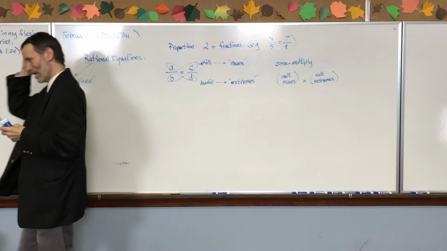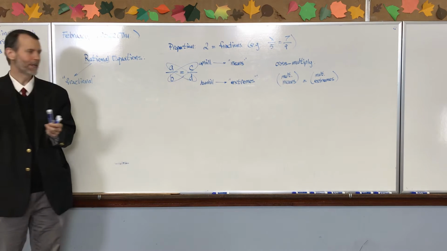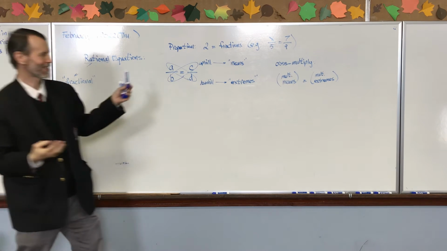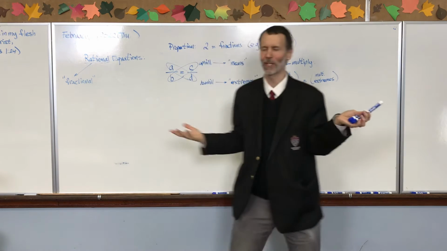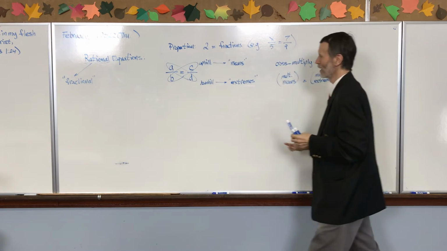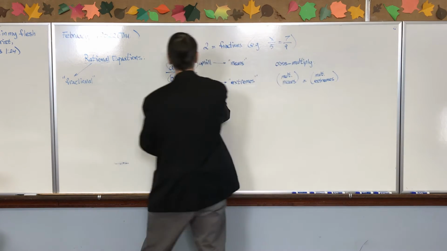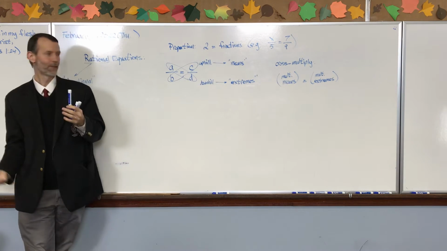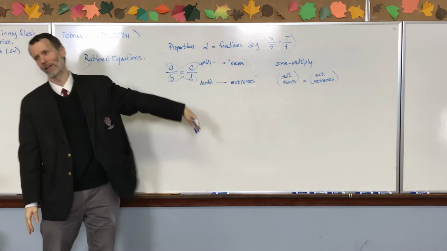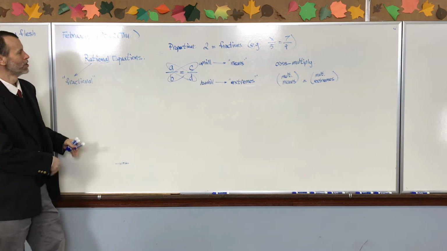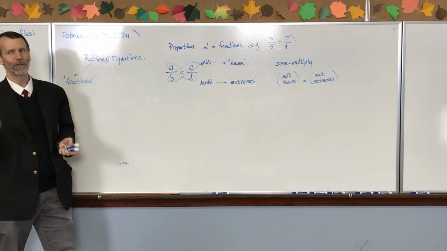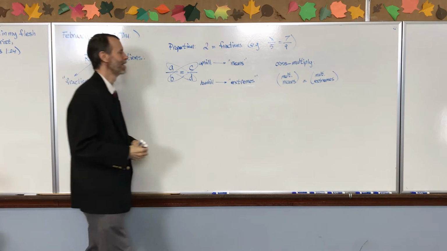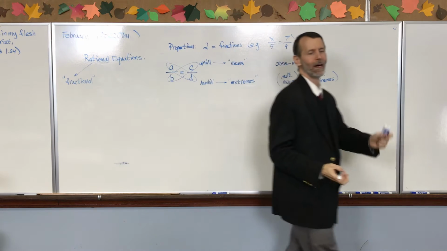This is kind of fancy language for something you already know how to do. But if they ever talk about means, just remember they're going uphill. And if they're talking about extremes, you're going downhill. Later on, if you go further in math, these words start coming back.